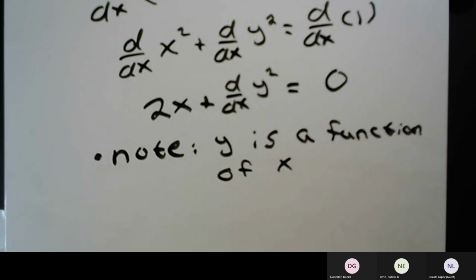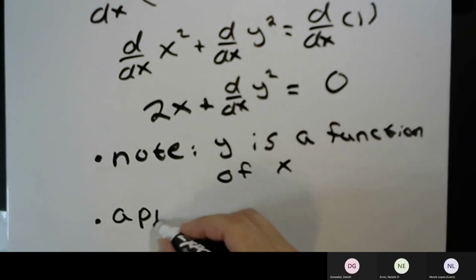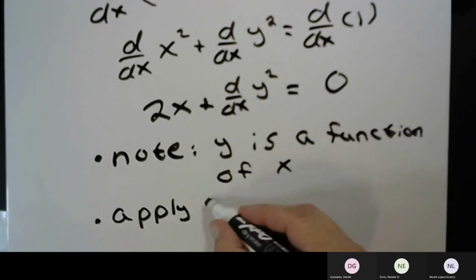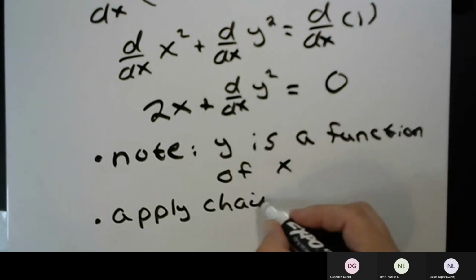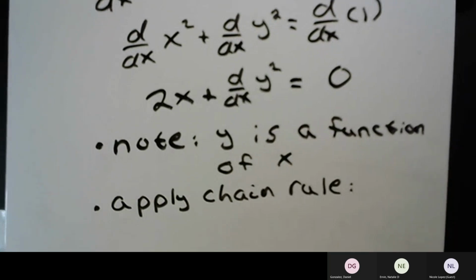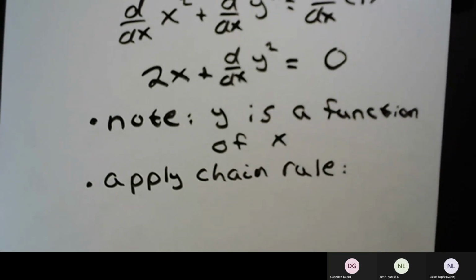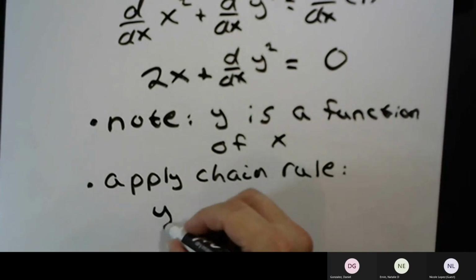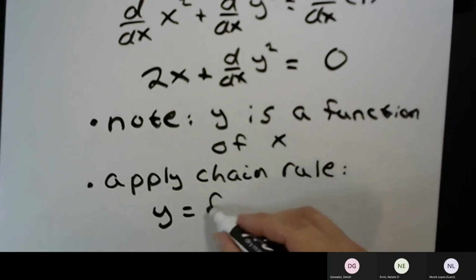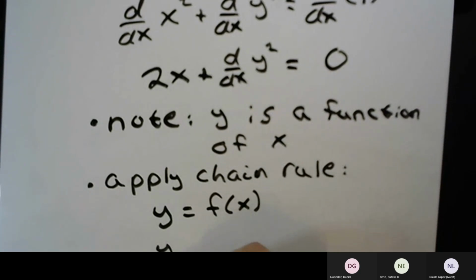So what we're going to do is apply the chain rule. We're going to do it like this. So y equals some function of x. So y squared is going to be f of x squared.